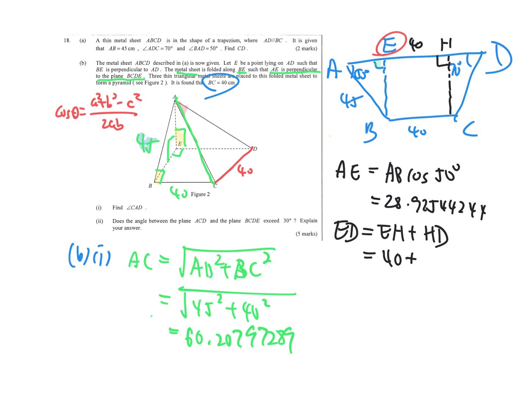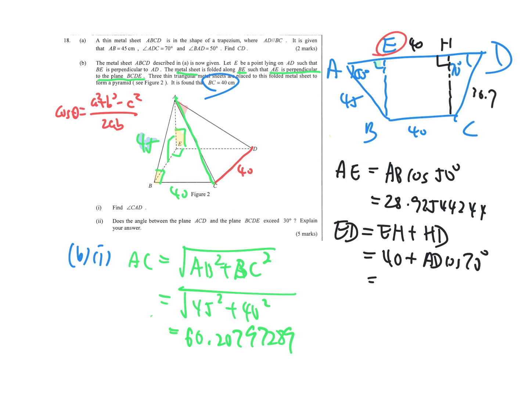HD also uses the cosine ratio, because CD we have already calculated before. It should be equal to 36.7. So HD becomes CD cosine 70.